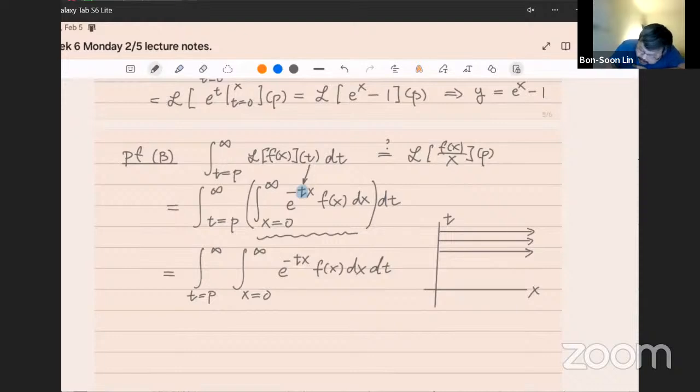We start from p. So let's say this is p. We start integrating at t equals p, and then for each t, x going from 0 to infinity. So the region is this big upper infinite region right here.